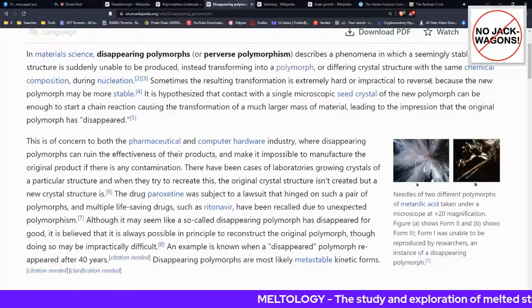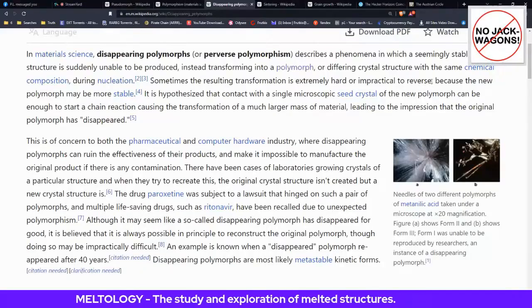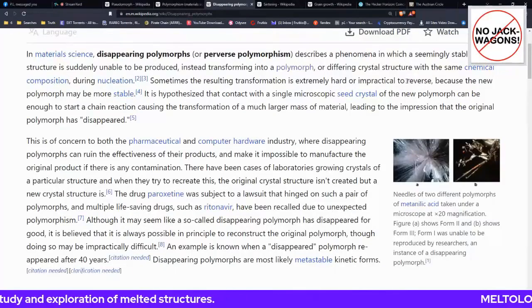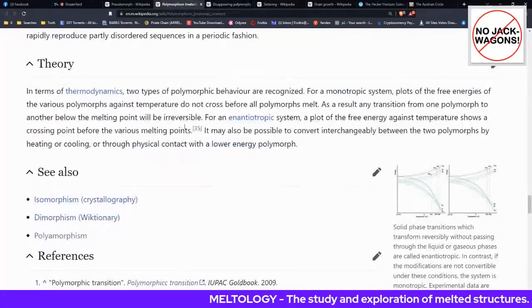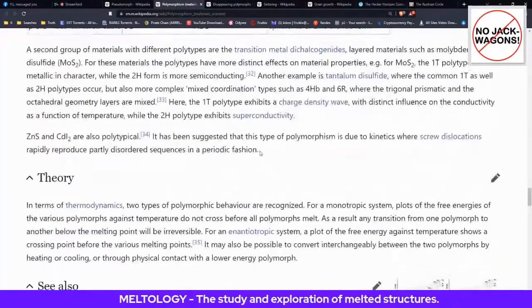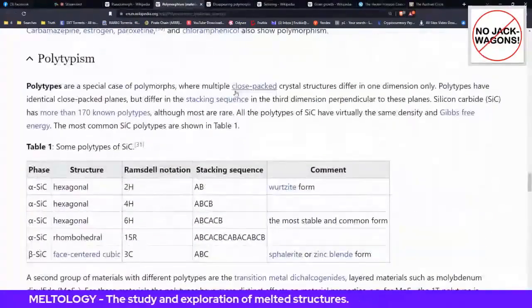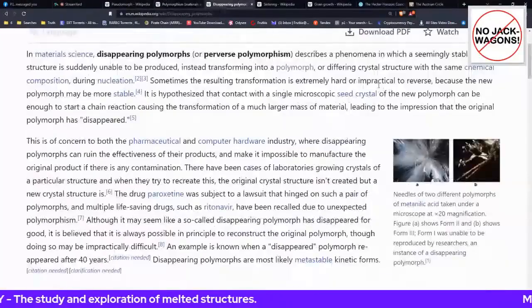Sometimes the transformation is extremely hard and impractical to reverse, because like it said, it became something totally different, even something like monatomic gold. You can't make monatomic gold go back to a solid piece, because it's the purest form.